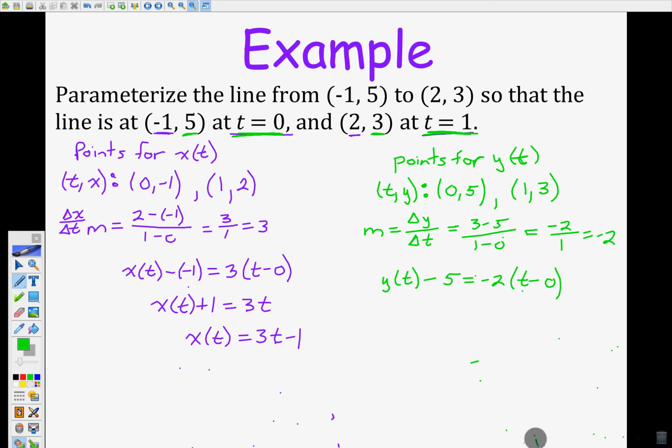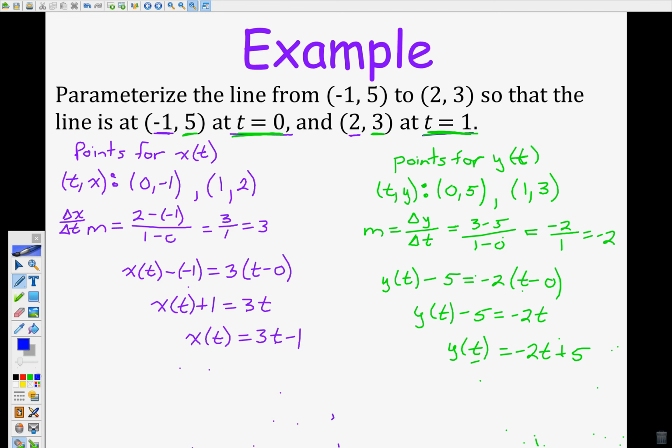That gives me y of t minus 5 is equal to -2t, or in other words, y of t is equal to -2t plus 5.